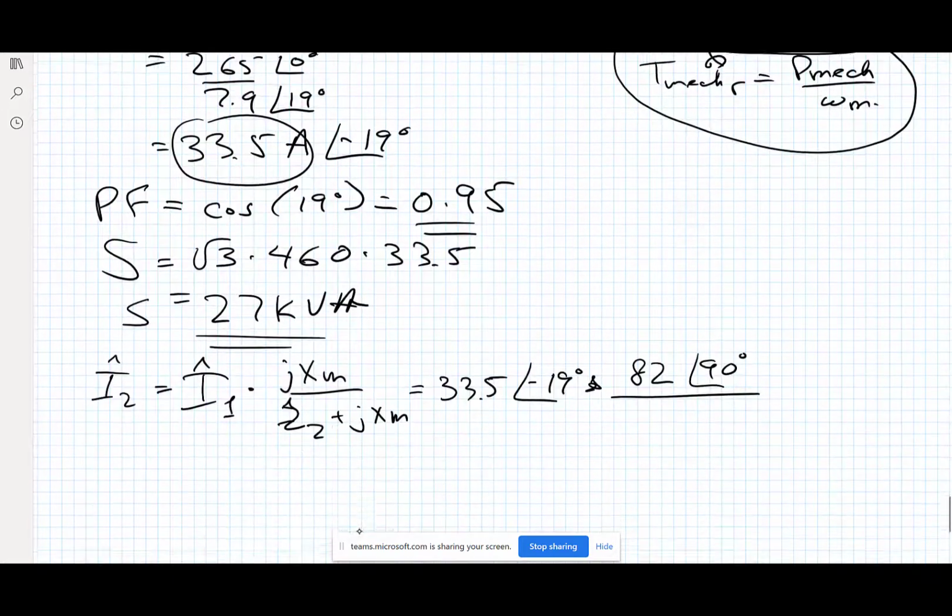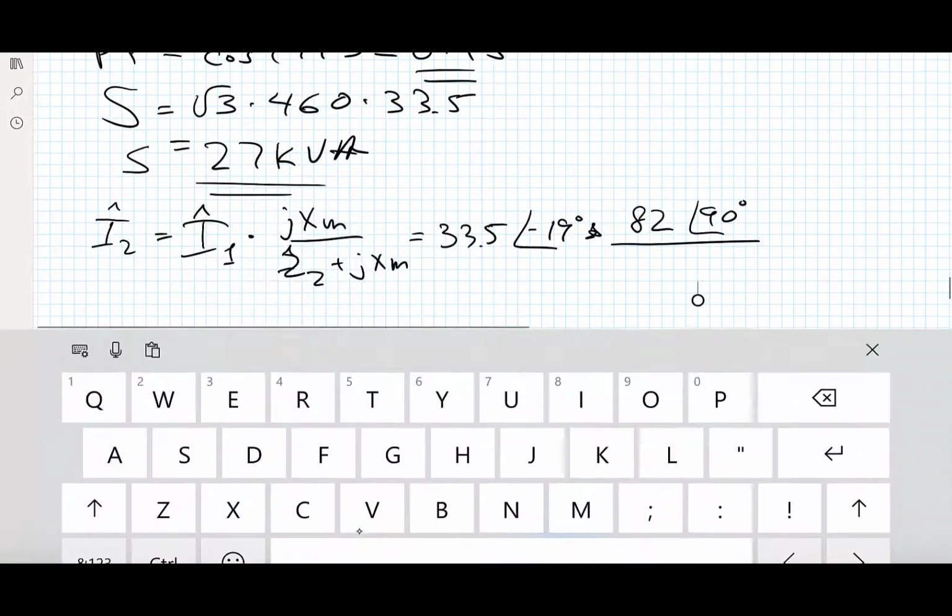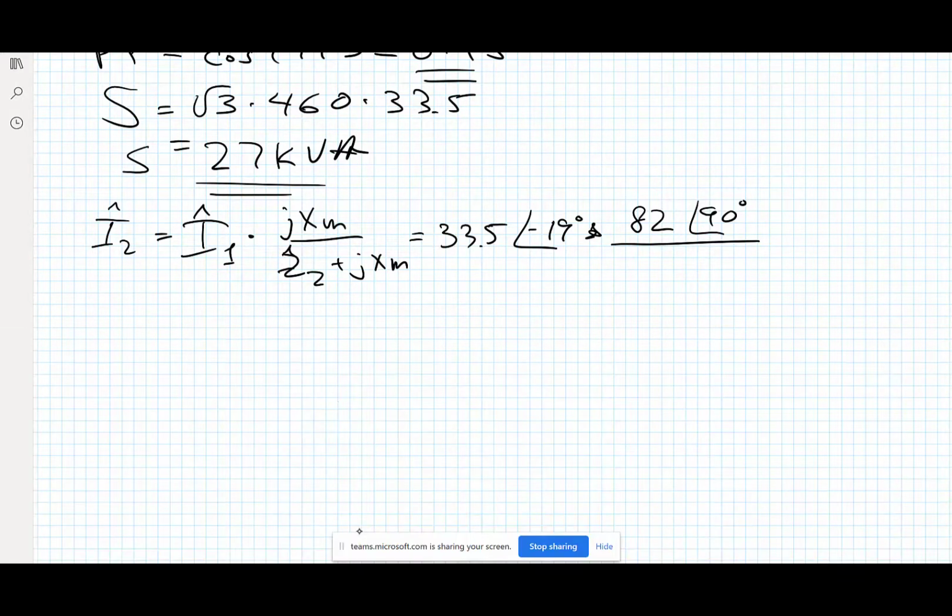Now I pre-calculated Z2, and my Z2 was 7.5 plus j0.87, plus j82. This is the Z2.